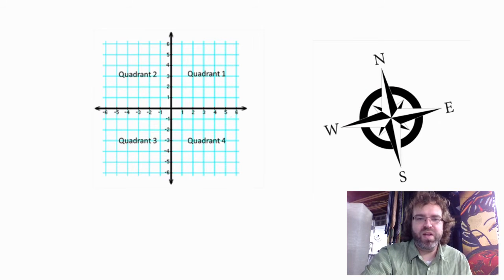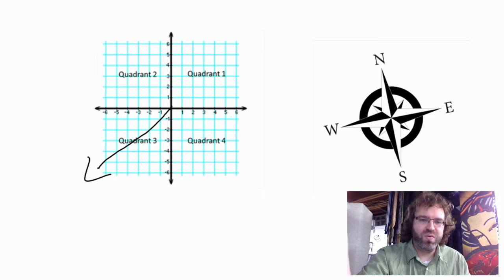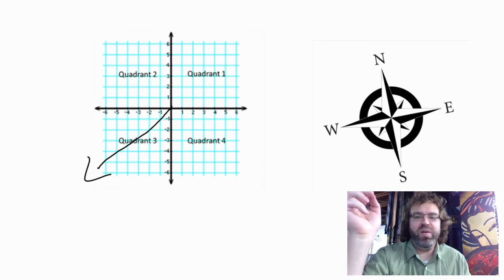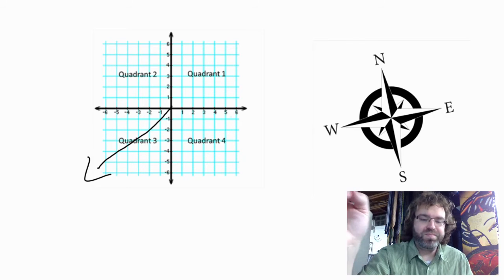Let's say somebody's moving in quadrant 3, let's say at a 45-degree angle. But how do we denote that instead of saying quadrant 3, or negative 205 degrees? How would we denote that using north, south, east, and west?